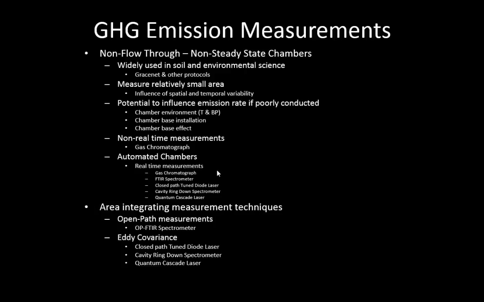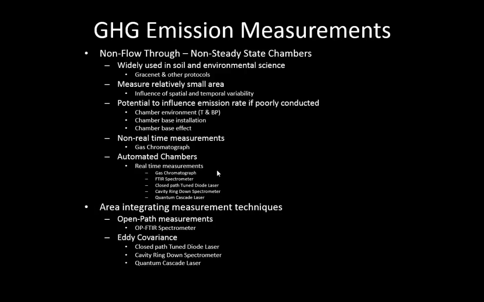Eddy covariance is another technique that's possible. You may infringe upon some of the assumptions that you need to make it work in a feed yard, like things that move around and obstructions. And you also need a pretty expensive instrumentation system to make it fast enough and make it work.